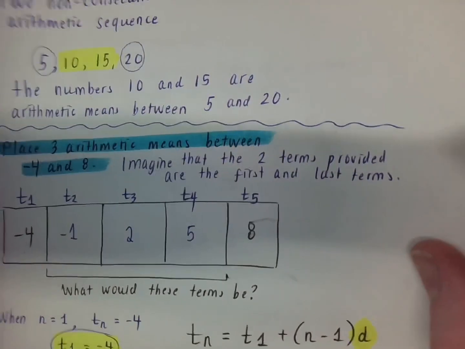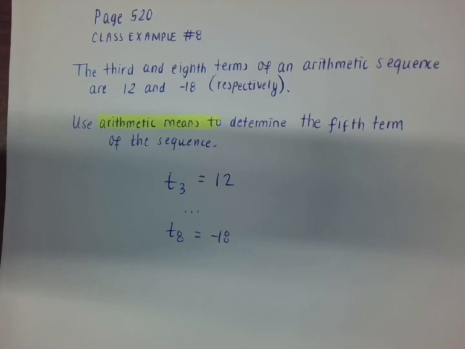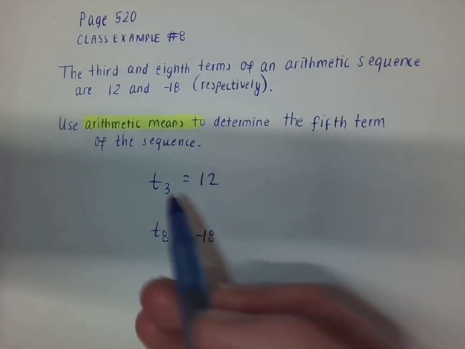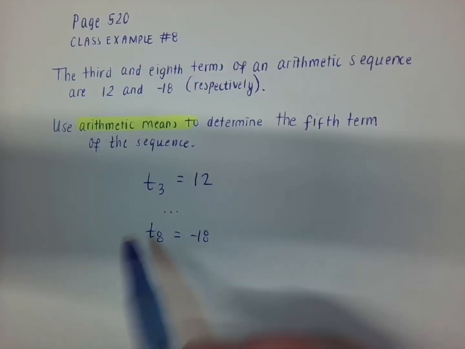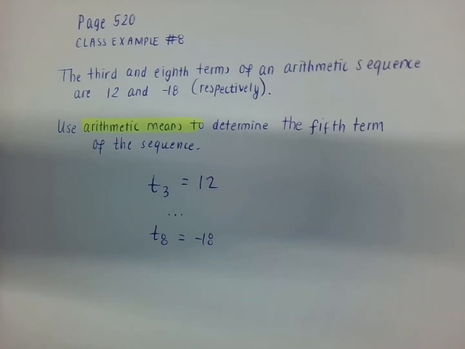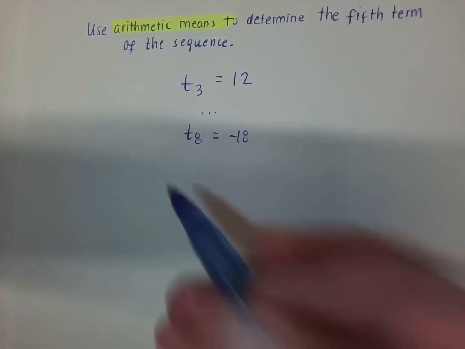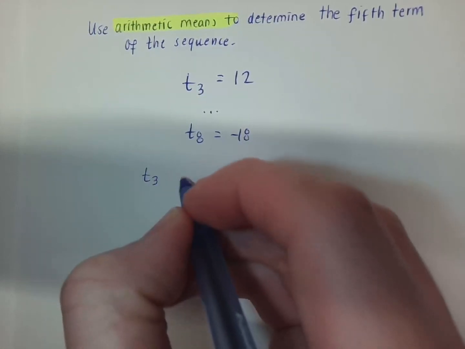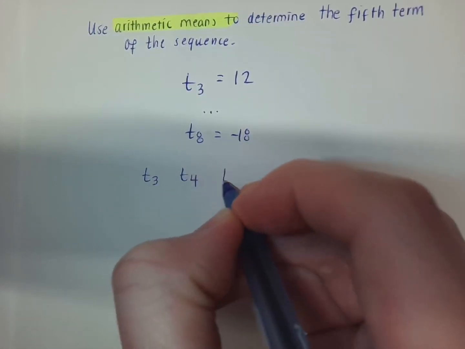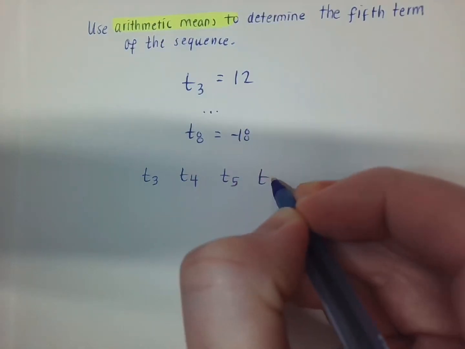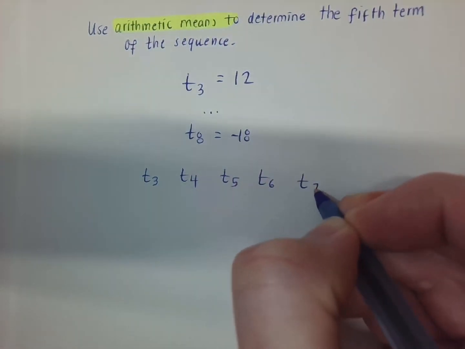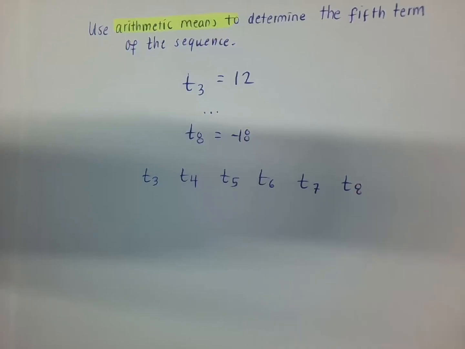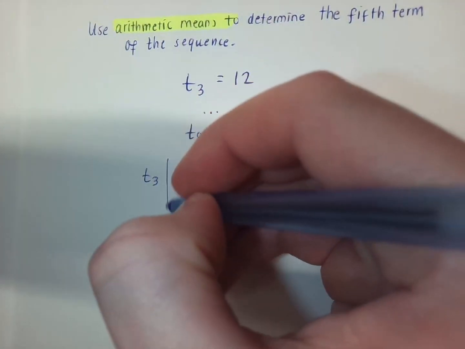So in the sequence we're dealing with, we have T3, T4, T5, T6, T7, and T8.